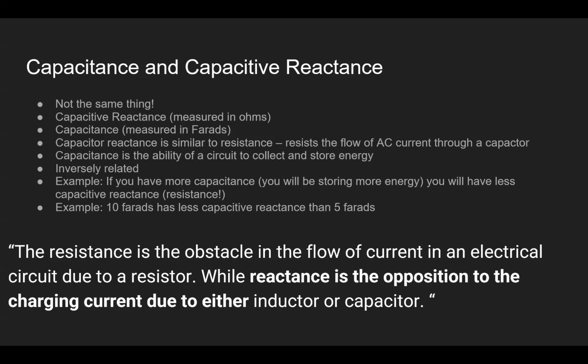The reason I put this in here is because this sets the stage for next week. Reactance is important when we talk about capacitive circuits and inductive circuits, because reactance is in both. So next week, we'll talk about inductive reactance. But this week, it's capacitive reactance because we're talking about capacitance and circuits with capacitors.